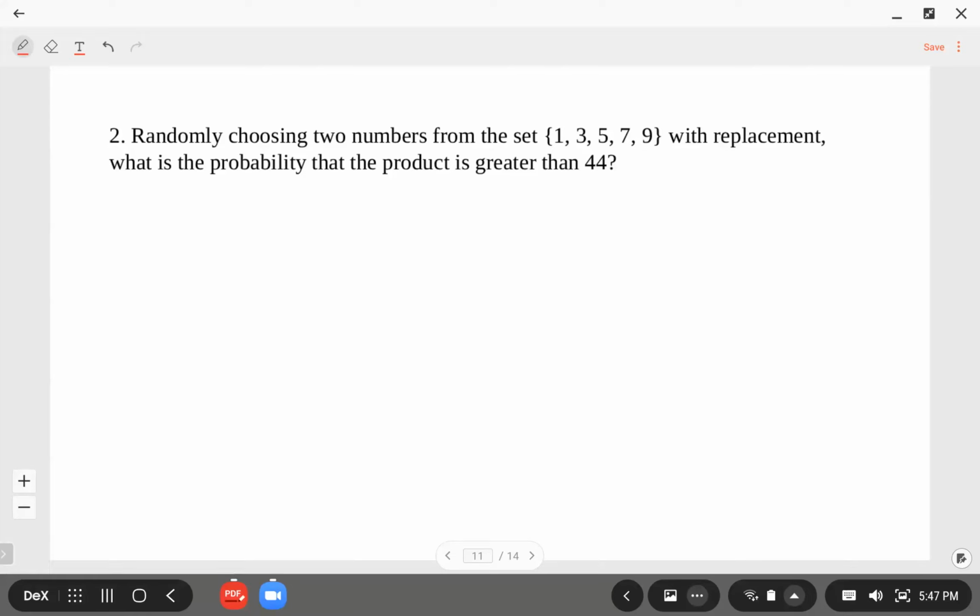Okay, let's see. So we have 5 times 9 equals 45. Also 9 times 5 equals 45. So we already have 2 pairs where the product is greater than 44. That's already 2 cases, right? Very fast. You see, so please use case by case on this one.